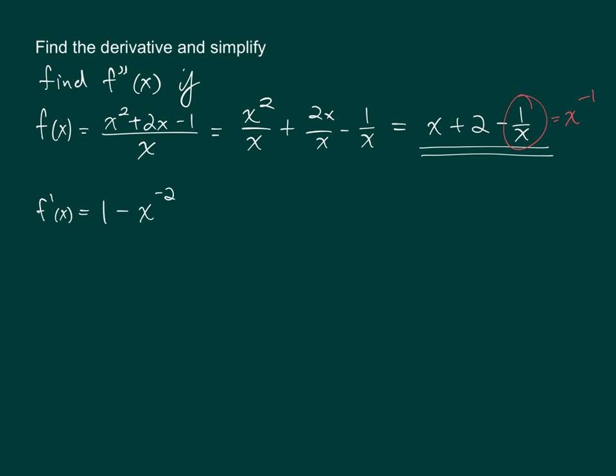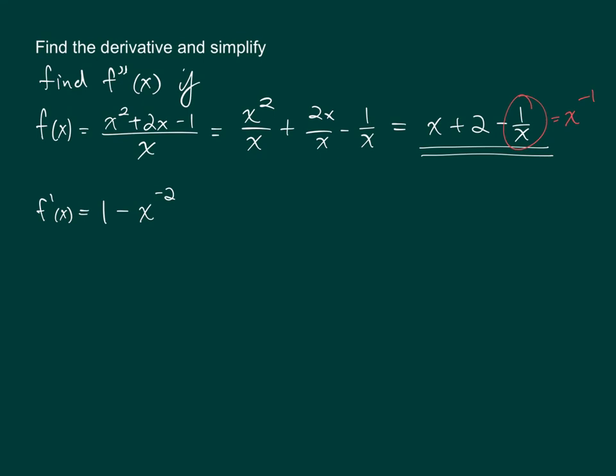And I'm not even going to rewrite this so that this goes down to the denominator, because I'm not stopping at the first derivative. I need to go all the way until the second derivative. And if you push this down to the denominator, you'll just have to bring it right back up to the negative 2 power, so you can use the power rule again.